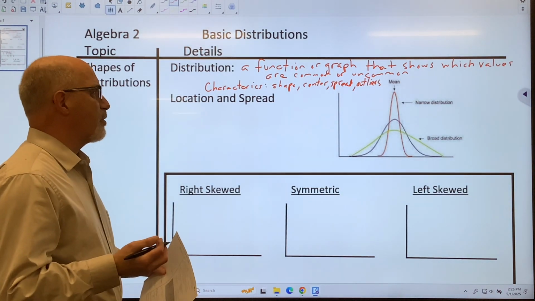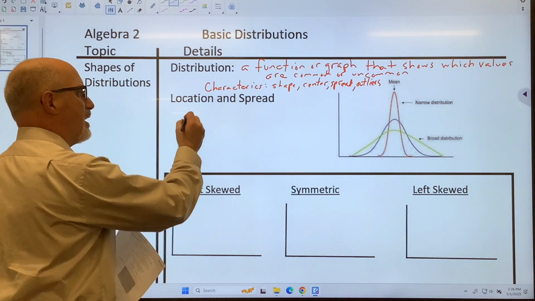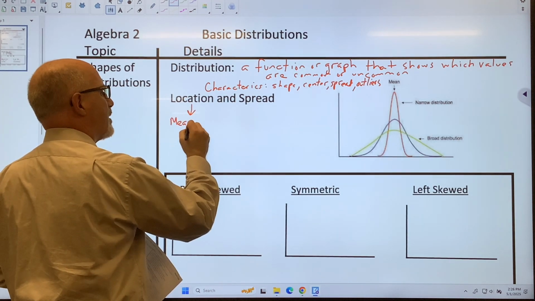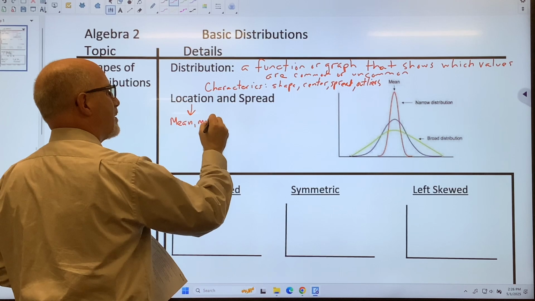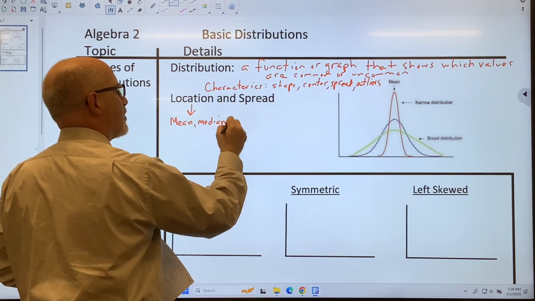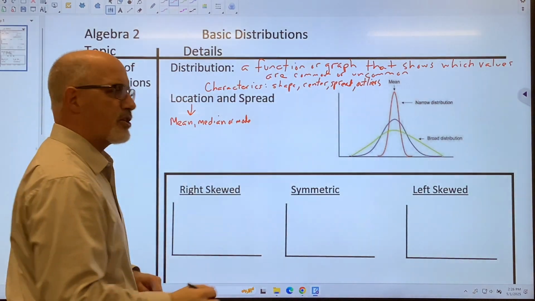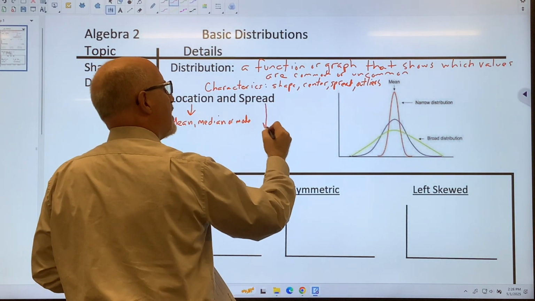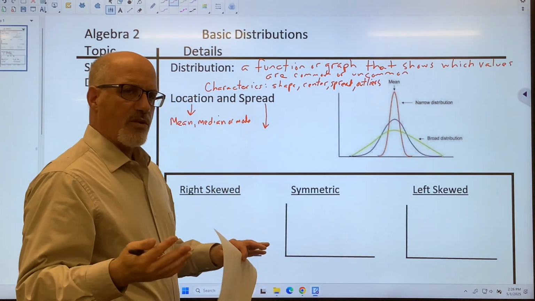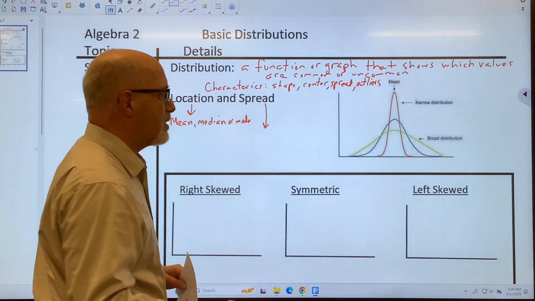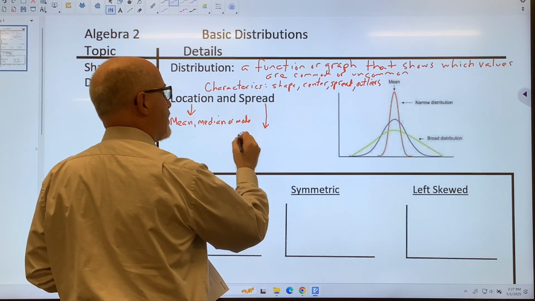Usually when we look at location, we look at either the mean, median, or mode. Those are the three things we typically use for location. And with spread, there are many different things we could describe, but in the next few lessons, we'll introduce the idea of what's called a standard deviation.